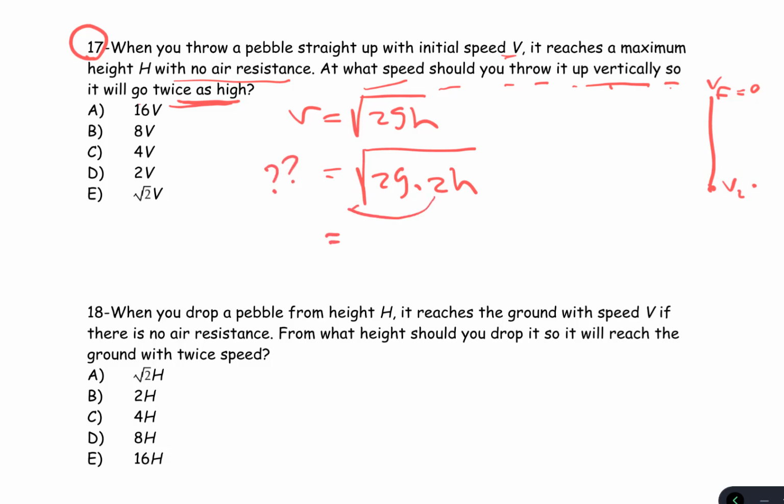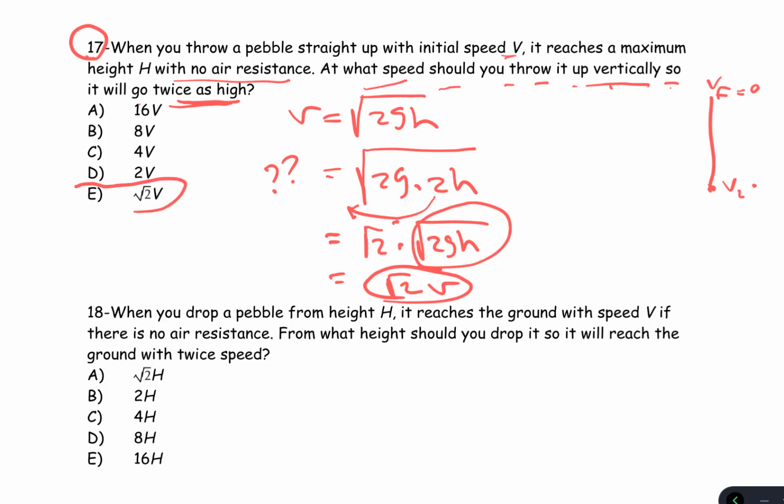Put in your mind, this 2 going out of the square root means square root of 2. Square root of 2 times square root of 2gh, which is the same as the one above, and this amount we call V. So it is square root of 2 times V. So this is the right answer.